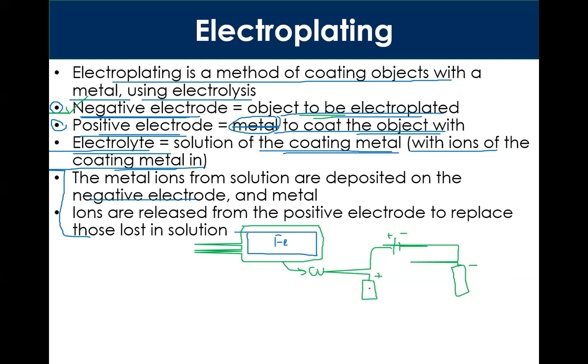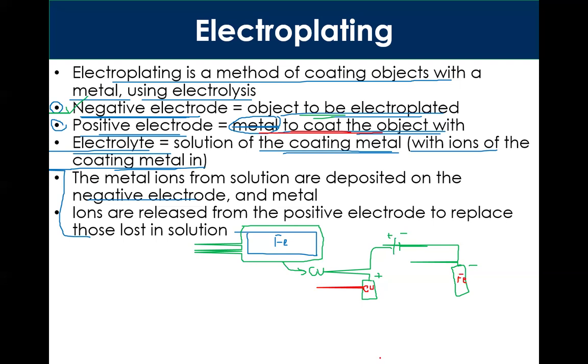You will have copper, because copper is the metal that you have to coat the object with. At the negative electrode, we'll have iron, because we want to coat the iron.